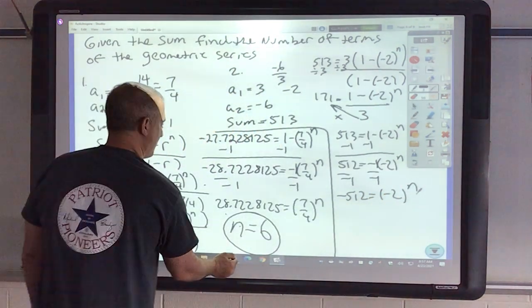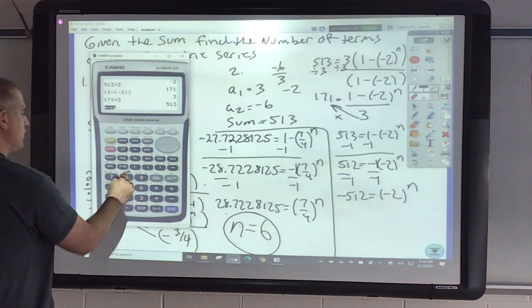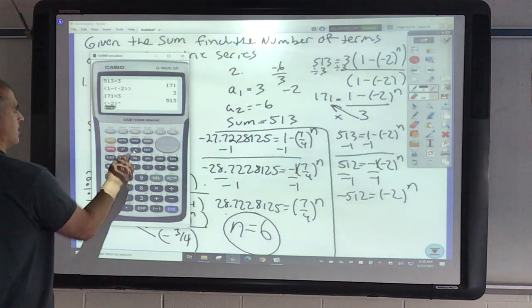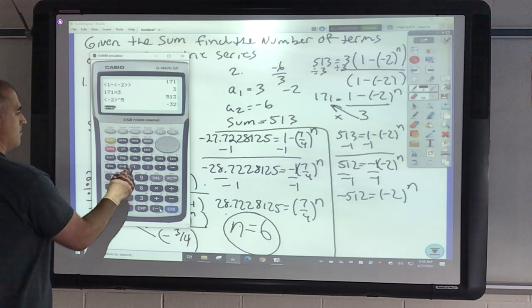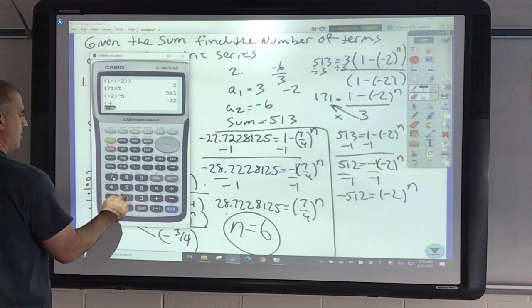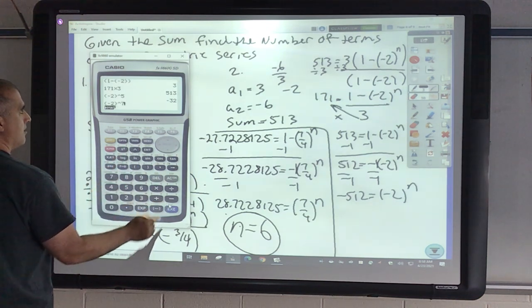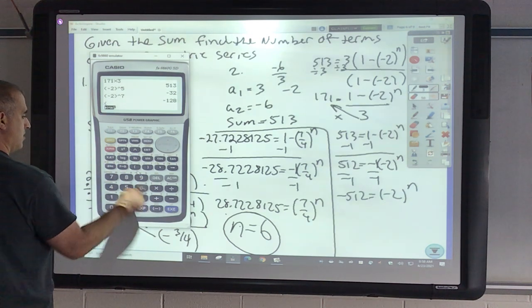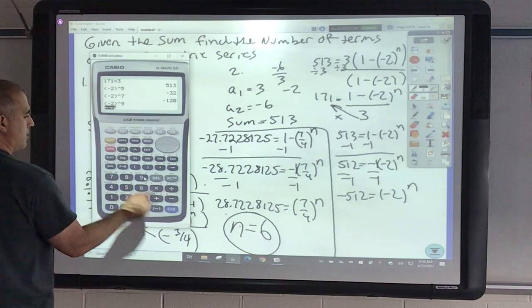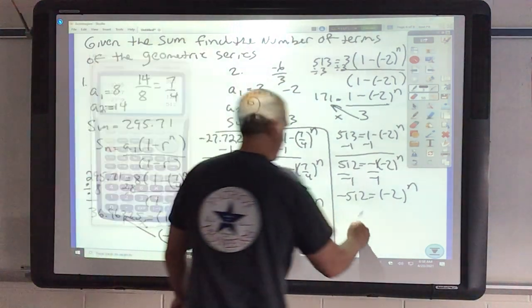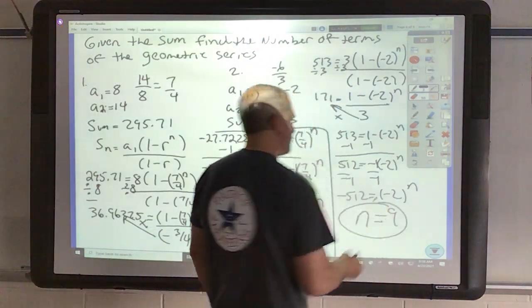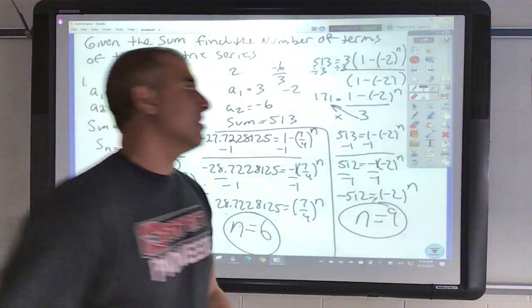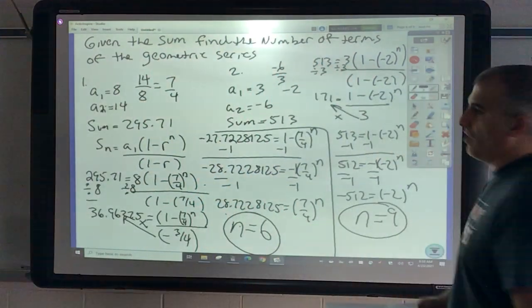Now, I want to guess and check. Negative 2 to the 5th? Nope. Negative 2 to the 7th? Nope. Negative 2 to the 9th. That's my answer. So n is 9. So you're just doing some algebraic manipulation to the point where you can solve those.